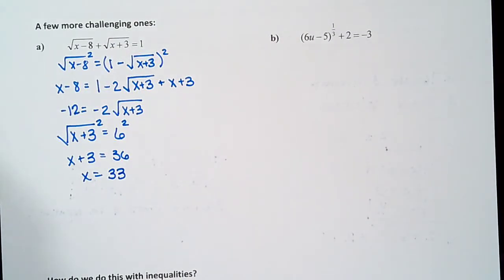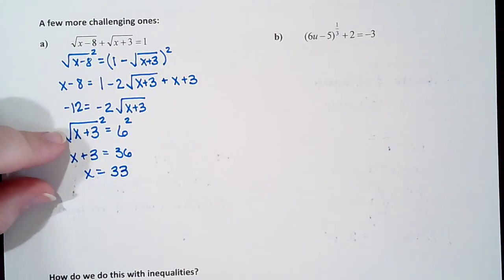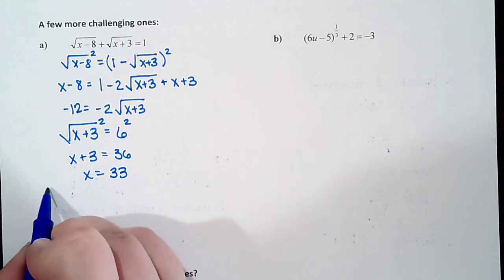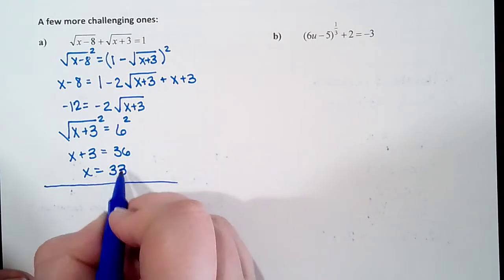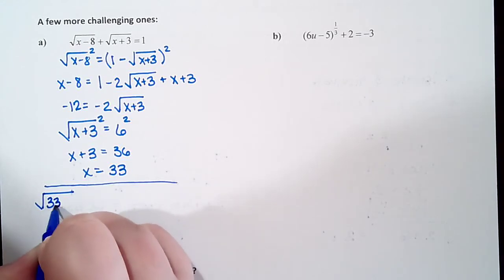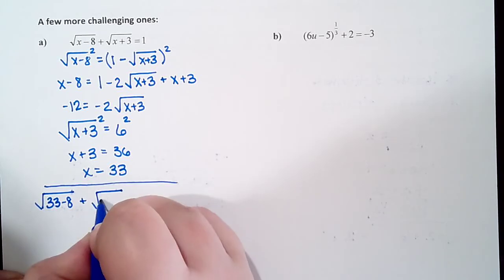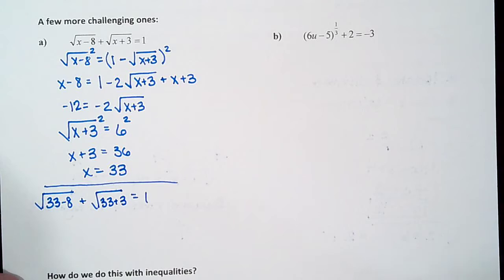So that problem looked really challenging, but other than this first part, we still have to use the same methods, which I think is kind of cool. However, this doesn't excuse us from having to check our answers. So let's go ahead and put 33 back into the original problem and see what we get. 33 minus 8 plus the square root of 33 plus 3, and we hope it equals 1.